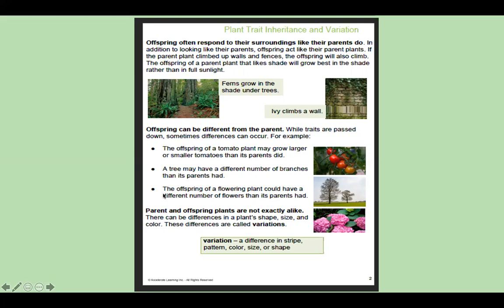And another example is the offspring of a flowering plant could have a different number of flowers than its parents had. Is there something different about you and your parents? One example is my older sister has red hair, while both my parents have brown or dark brown hair.